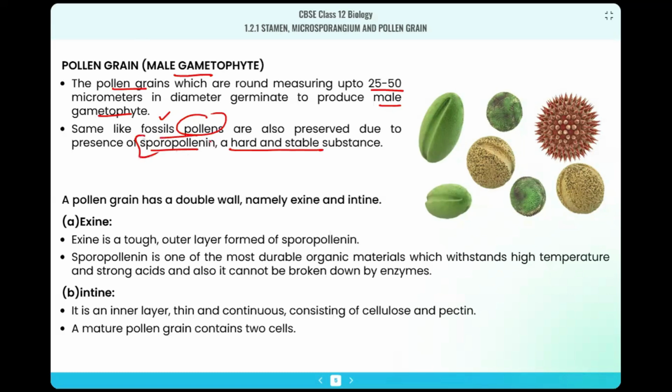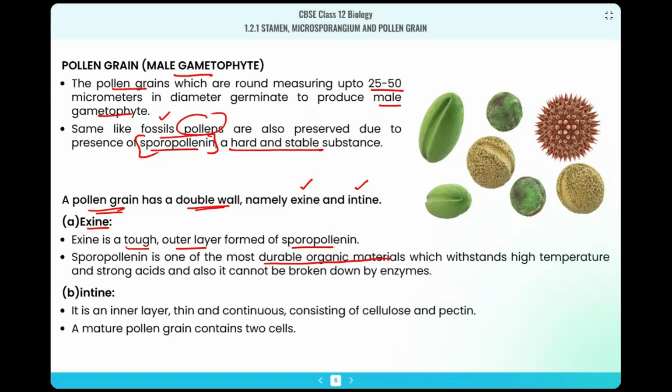So this is very important for your exams as well. So what does the pollen grain structure represent? A pollen grain has a double wall, the exine and intine. Exine is a tough outer layer formed of sporopollenin, and as I mentioned, sporopollenin is one of the most durable organic materials which withstands high temperature and strong acids, and also cannot be broken down by enzymes.